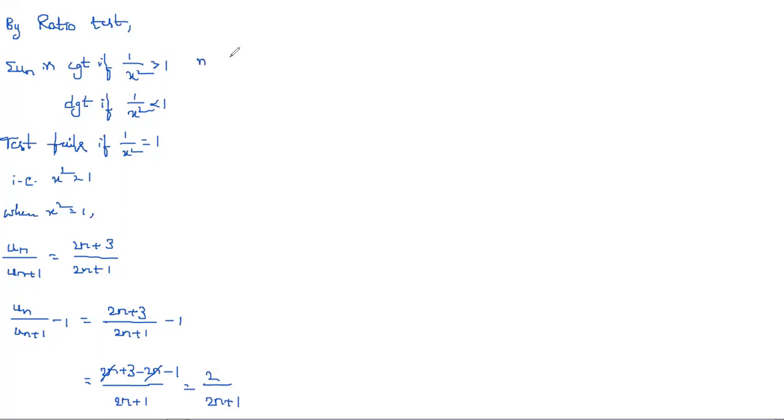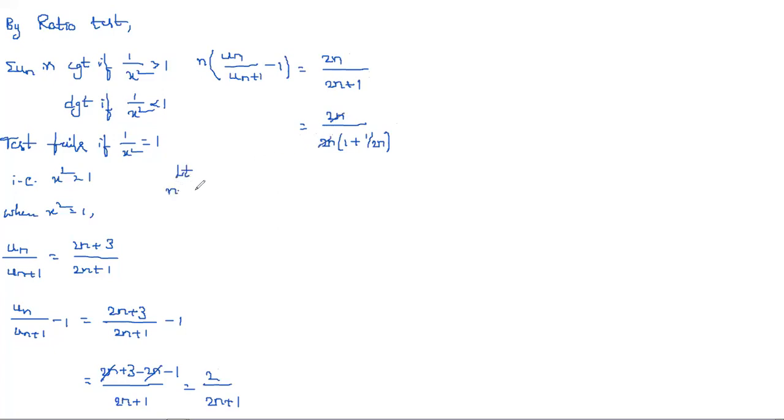And now you can multiply with n. So n into un by un plus 1 minus 1 is equal to 2n by 2n plus 1. So here it is having 2n, if you take that one as common, 2n into 1 plus 1 by 2n. So these two cancel. And now you can apply the limit for this.